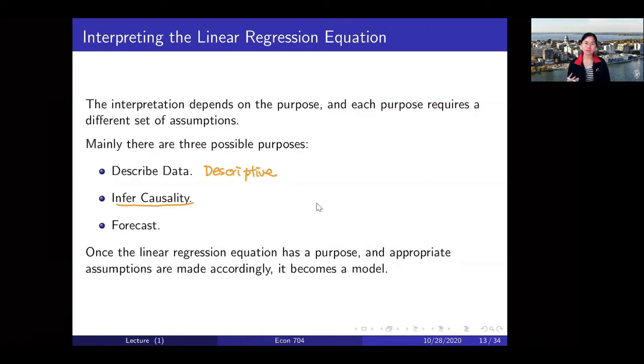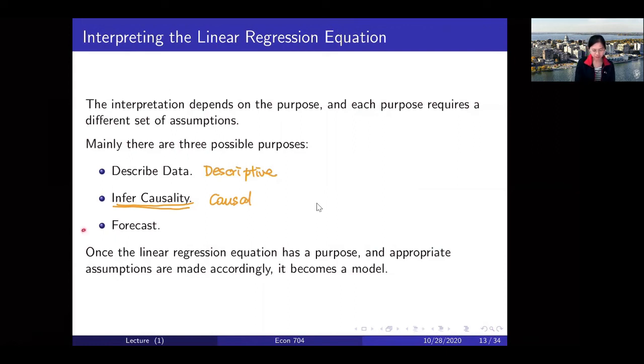Usually it's what causes y. So which of the x variables causes y, and how does it affect y? How does a change of x affect y? So that's inferring causality. So that's a causal purpose, a descriptive purpose, a causal purpose.